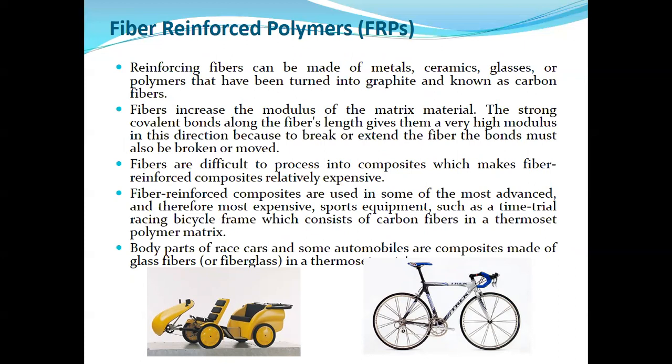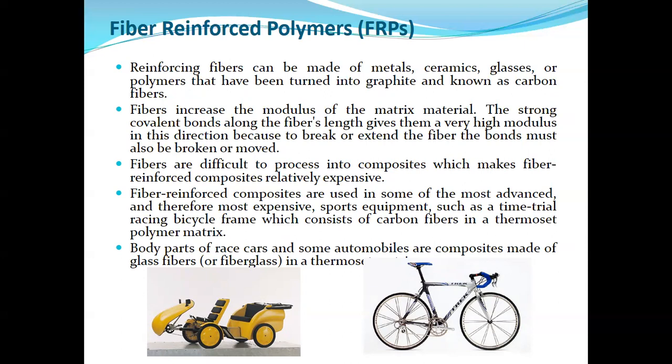The reinforcing fiber can be made of metal, ceramics, glasses, or polymers that have been turned into graphite, known as carbon fiber. Fiber increases the modulus of the matrix material. The strong covalent bond along the fiber strength gives them a very high modulus in this direction, because to break or extend the fiber, the bond must also be broken or stretched.